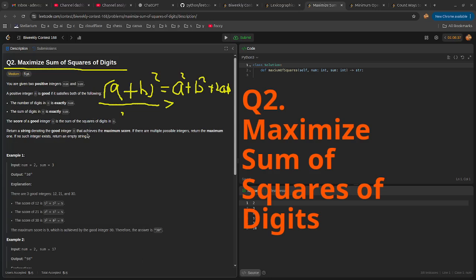To put it in simple English, that means we try to put as many digit 9s as possible.